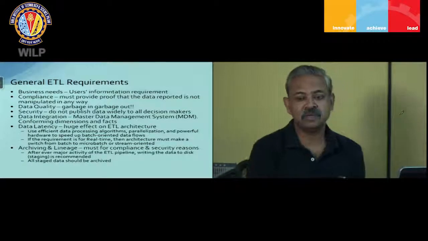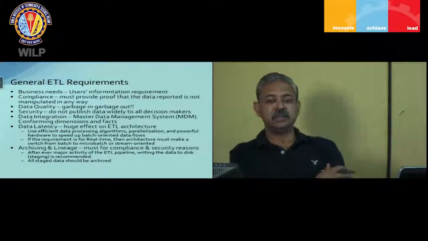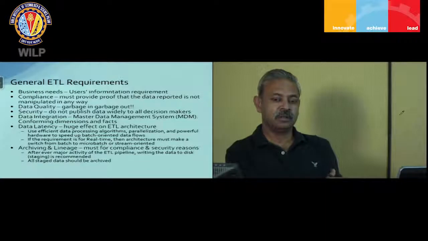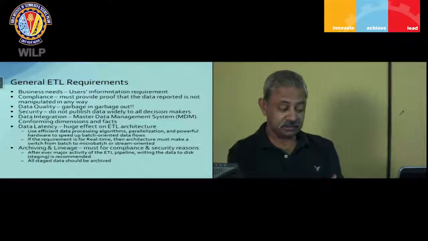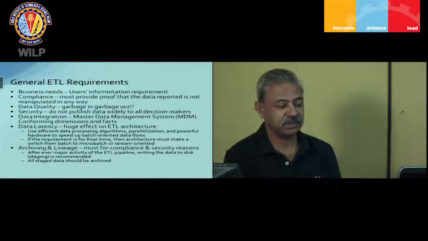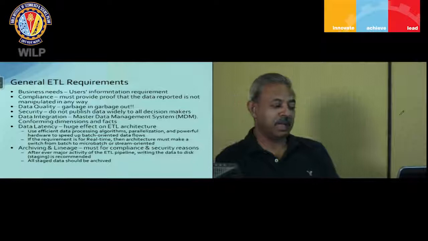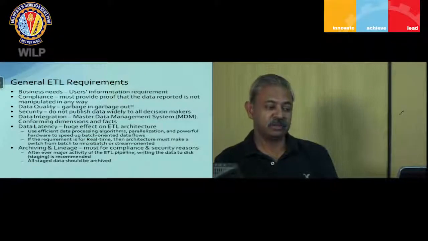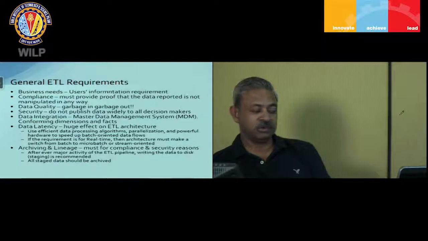As you've seen, especially in databases, data can be manipulated very easily, unless you have all the checks and balances in place. So compliance agencies may ask you how you can make sure that the data that is reported is not manipulated in any way. So you have to be prepared for that.